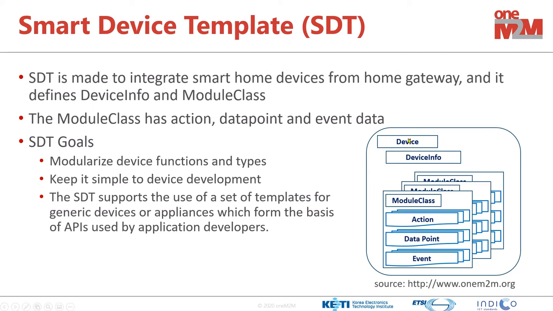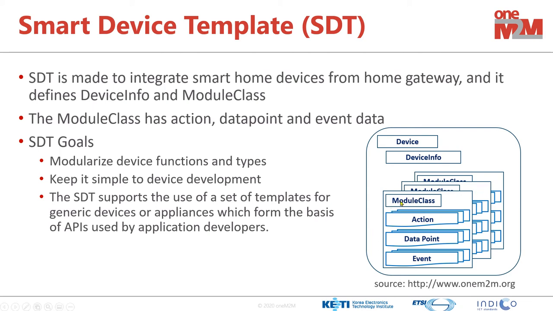The template means there will be the device level, and of course there is some information regarding the device, and basically there's a device and there are different module classes which make up different devices. For example, the fridge has the switch and the door, and the TV has a switch, and the remote control has the volume or the channel, and so on.